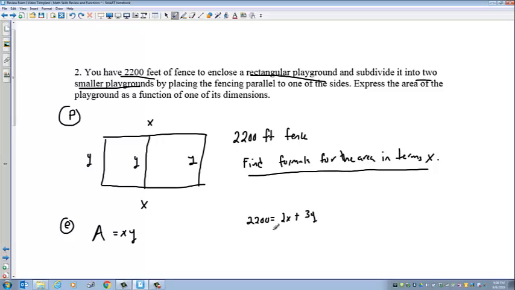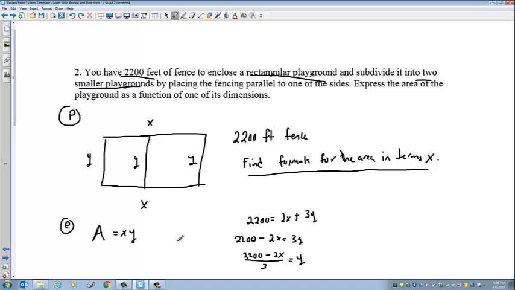And let's solve this for y. So we'll bring over the 2x, so 2200 minus 2x is equal to 3y. And then we'll divide out by 3, so we get 2200 minus 2x, all divided by 3 is equal to my y.